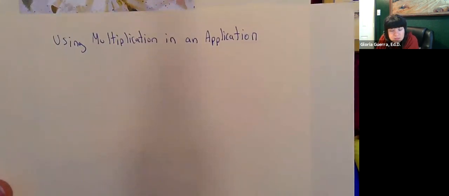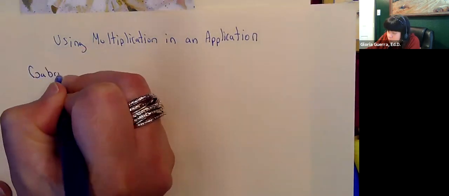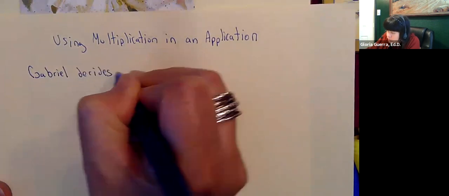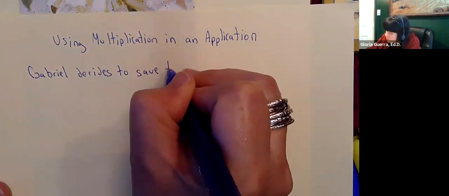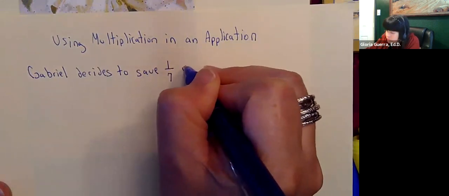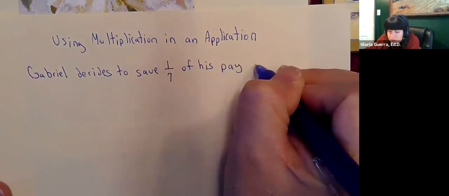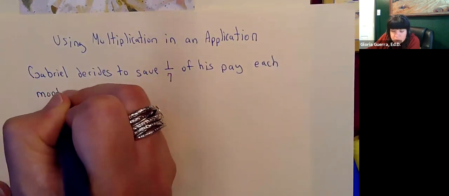Okay, so it says that Gabriel decides to save 1/7 of his pay each month.